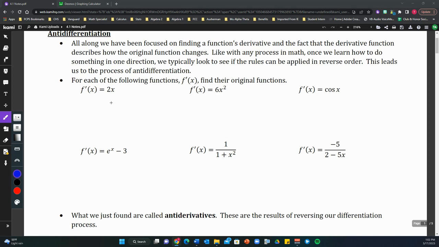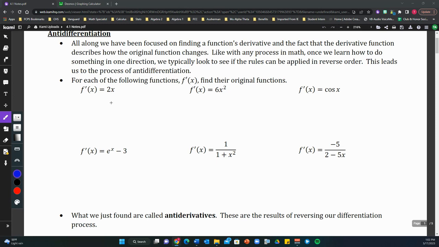For example, the first one, pretty easy. We know from past discussions that if the original f of x function is a polynomial, then its derivative is also a polynomial. By that logic, if the derivative is a polynomial, its original function, or the antiderivative, is also a polynomial function.